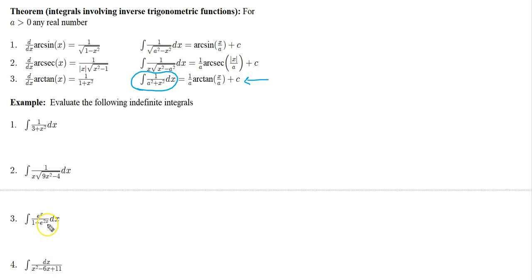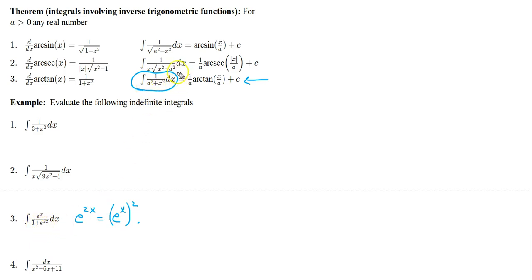Now, before we do a substitution, let's note that this e to the 2x is actually equal to e to the x, the whole quantity squared, right? So now if we think of the e to the x as being a u, the bottom will become 1 plus u squared.